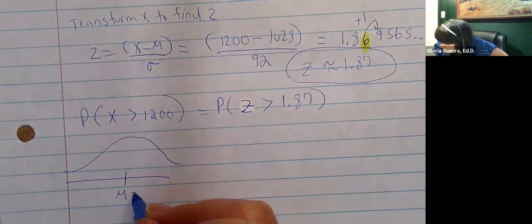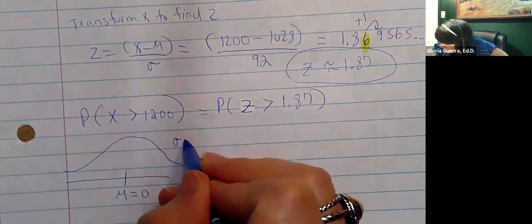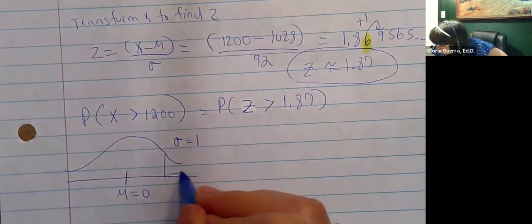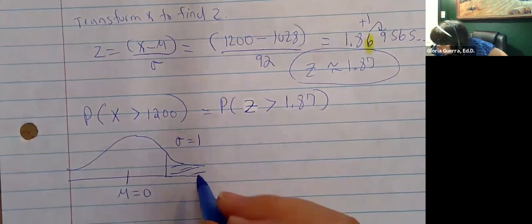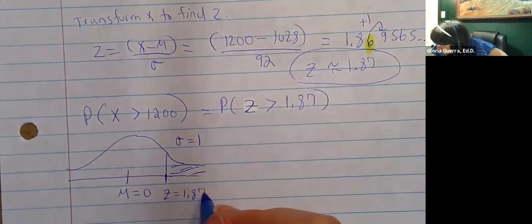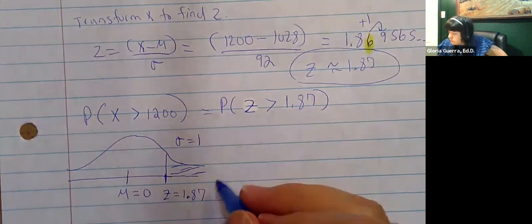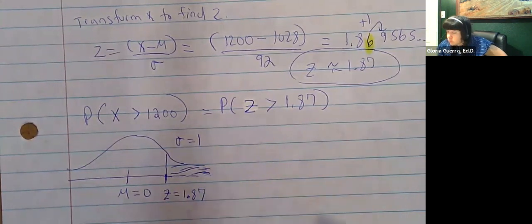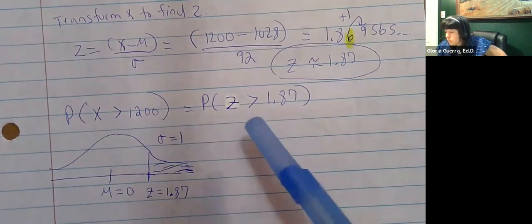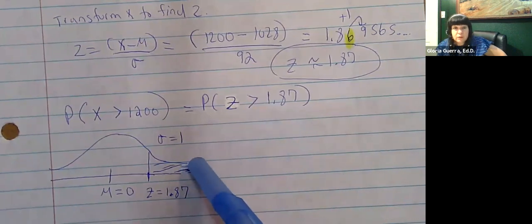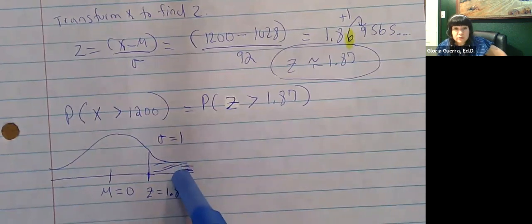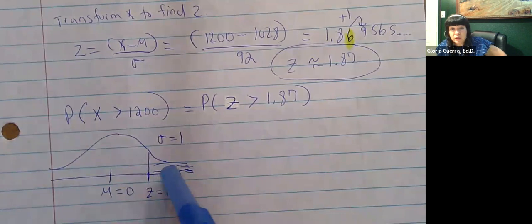So here's the mean. Now the mean is 0. Now sigma is 1, right, in the new picture. And z is 1.87. Now the thing is, to find this area, we can't find areas to the right of the curve.